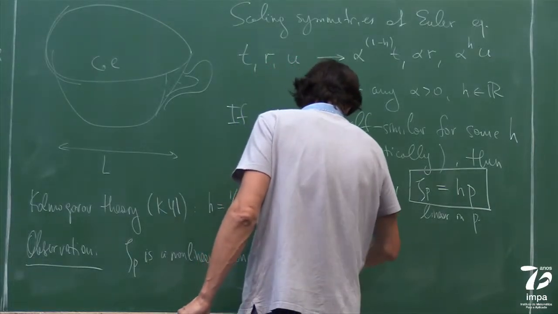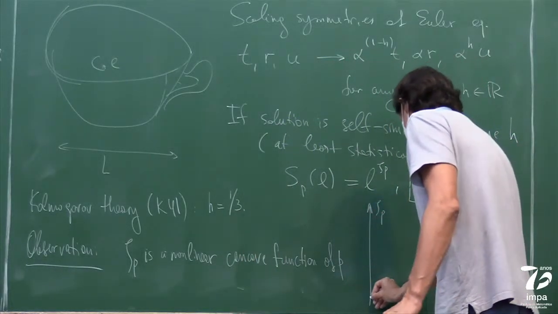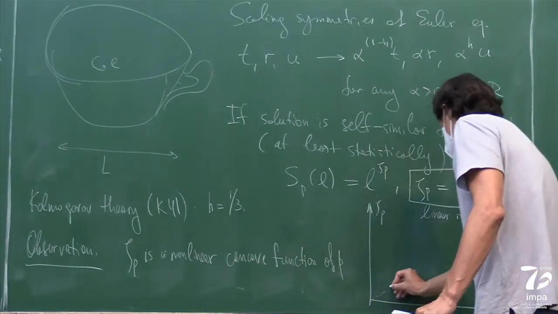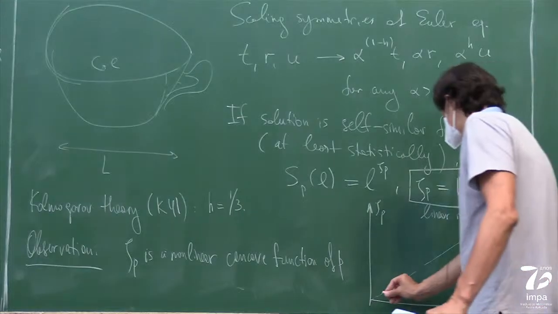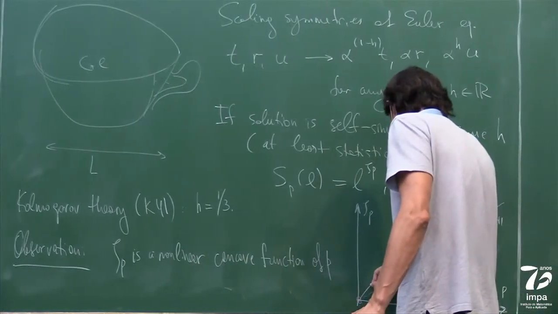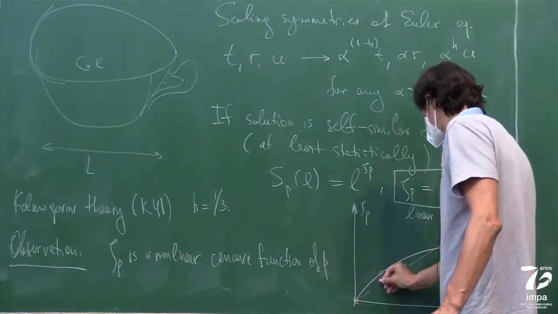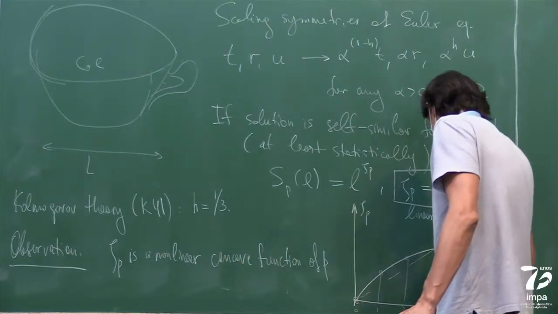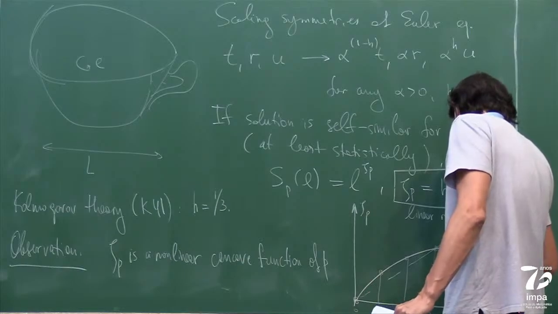What really happens is that if you put zeta p as a function of p, instead of being a straight line, which gives you K41, the true value is a function like this. 1, 2, 3, 4, and so on.